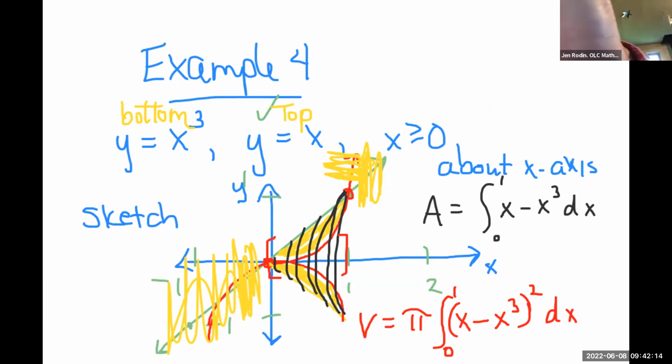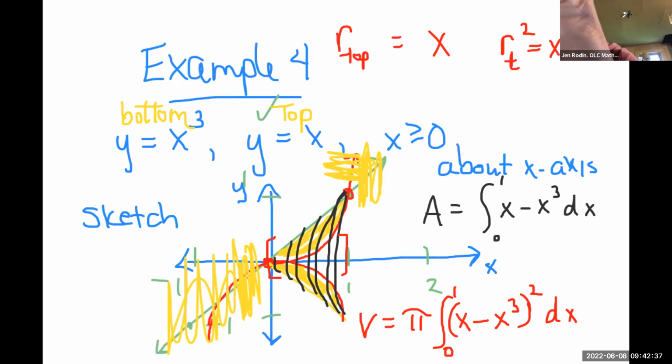There we go. So the radius of the top, if we just were looking at the top curve and spun that top straight line around, would be x. So radius top squared would be x squared. Let's do it that way.